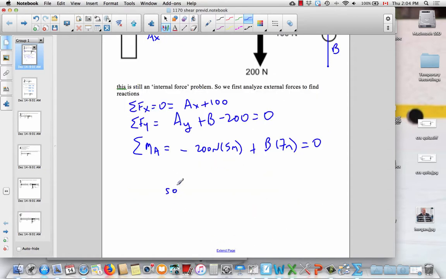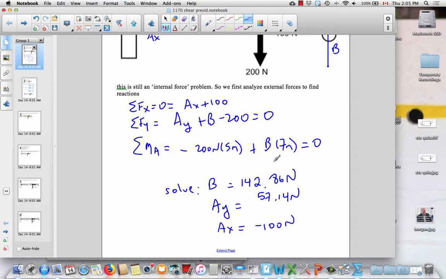So we can solve then. And we find the force from B is 142.86 newtons, 57.14 newtons at AY, and then as we said earlier, AX is to the left, 100 newtons. Okay, so we've done that many times.